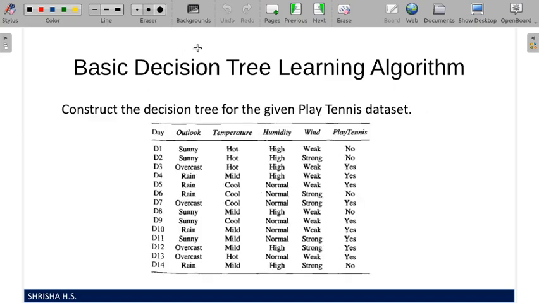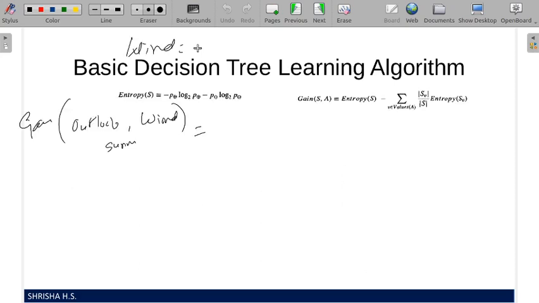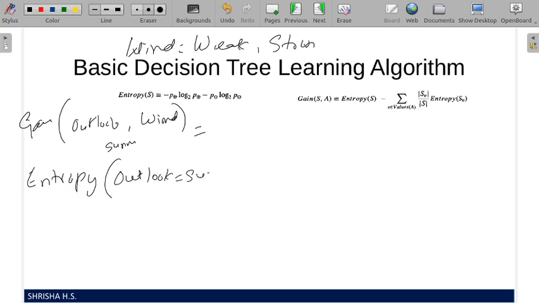For wind there are two values, weak and strong. So we have to calculate entropy where outlook is equal to sunny, and wind equal to weak and strong.